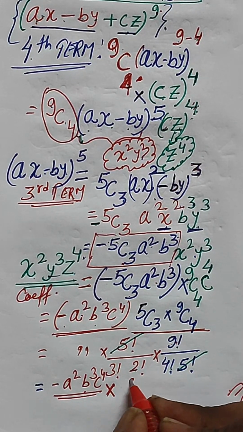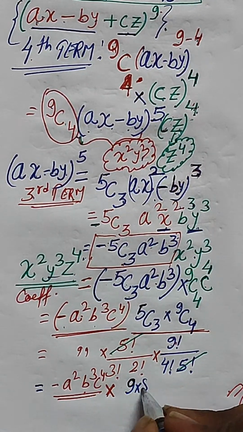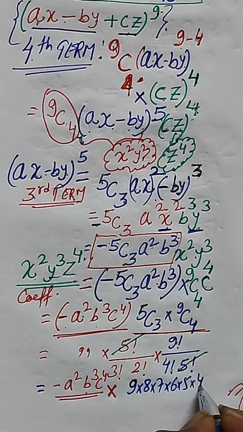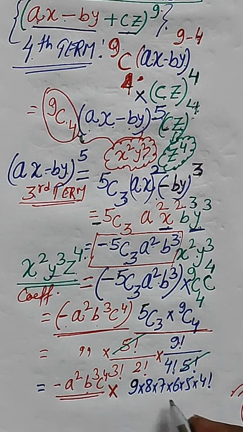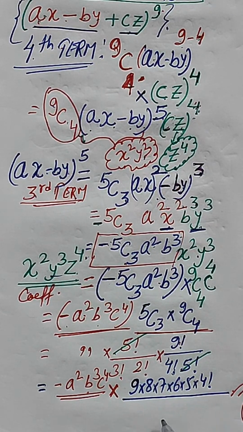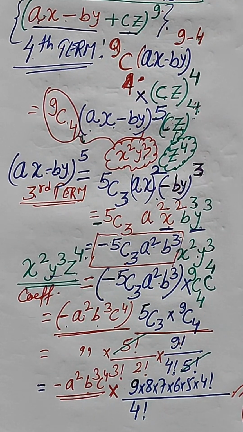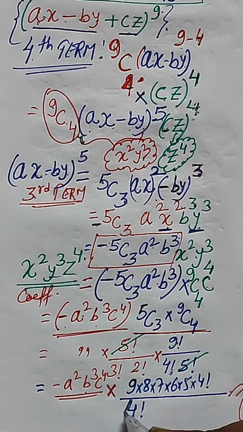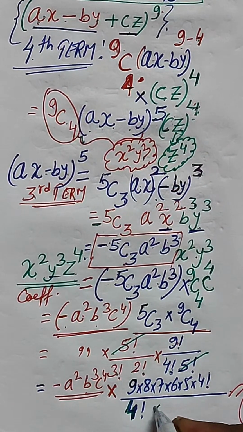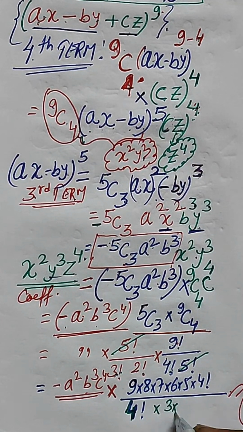So factorial 9 can be written as 9 into 8 into 7 into 6 into 5 into factorial 4, isn't it? Why am I writing it like this? So that I can cancel out this factorial 4 in the denominator. This factorial 4 is already there in the denominator, multiplied by factorial 3 and factorial 2. So we will expand this factorial 3, we can write 3 into 2 into 1.